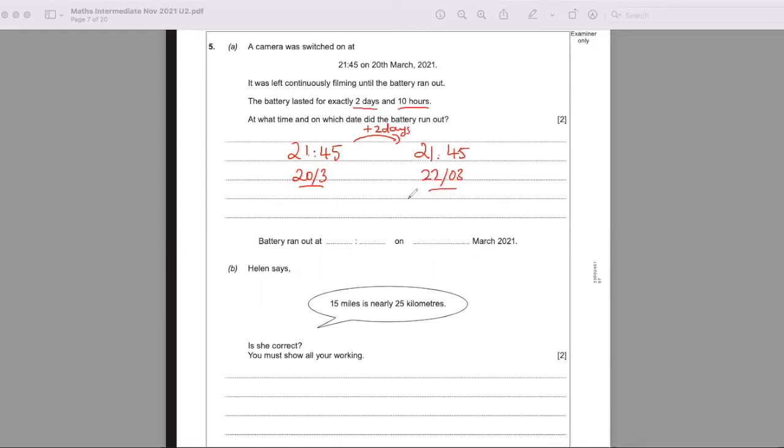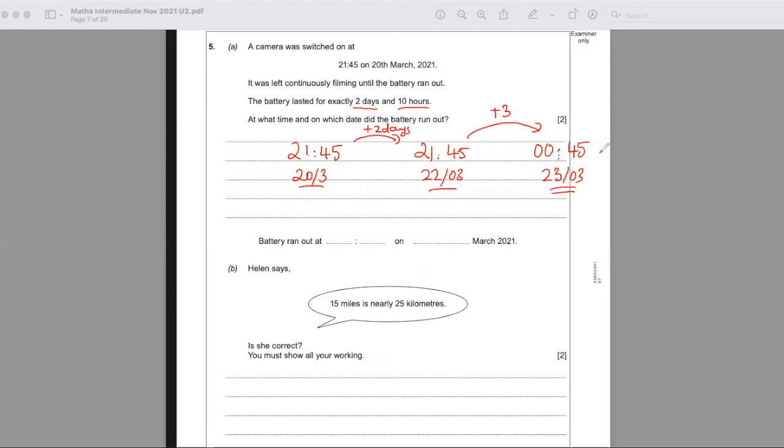Okay, nice and easy. Now you're going to add 10 hours, but I'm just going to add 3 hours first, because that will take me to midnight, isn't it? So 21 to 22, 22 to 23, 23 to 24, and that's going to midnight of the 23rd of March here.